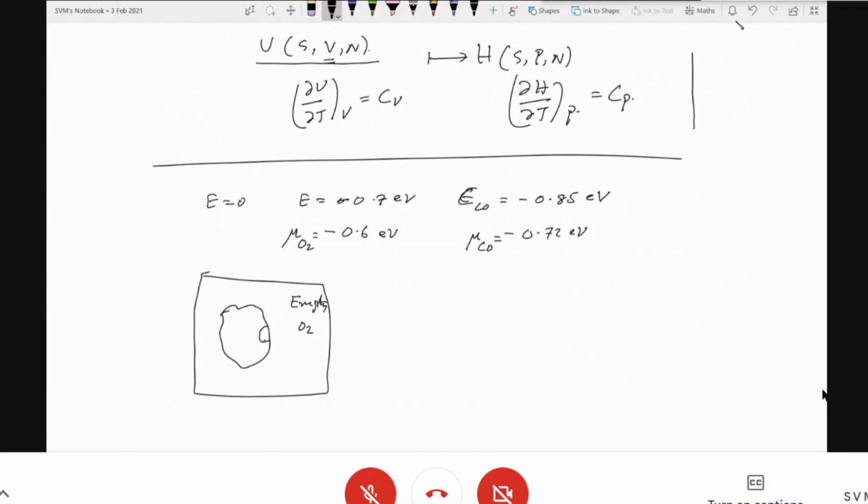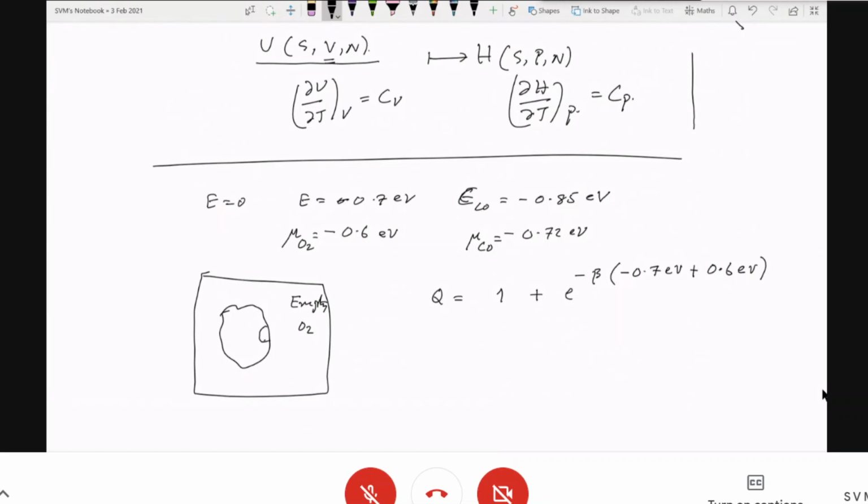If only this is there, then your grand canonical partition function will become 1 plus e to the power minus beta into epsilon, which is minus 0.7 eV minus minus 0.6, that is plus 0.6 eV. You have to find beta at body temperature, so take T equal to 310 Kelvin.